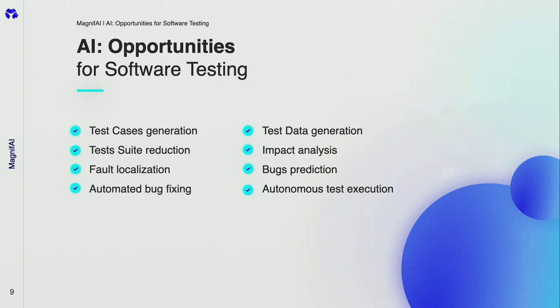Test cases generation. What if we can train models by saying, well, these are our functional requirements. Can you give me a set of scenarios that can ensure that those requirements are met by the software? Well, that's exactly what a generative AI can do. And you know that test cases generation is probably one of the most, again, time-consuming tasks that we perform.